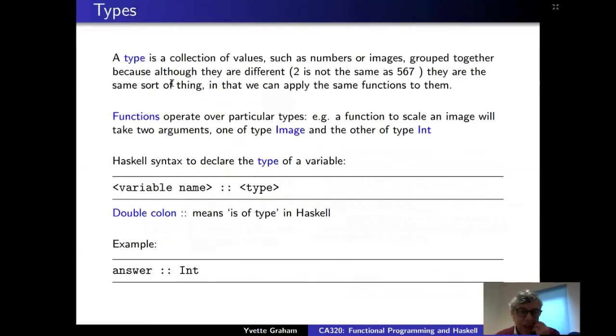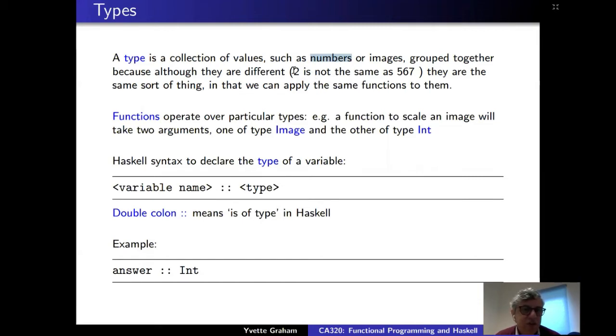Okay, what is the type? We say that Haskell is a really restrictive language in terms of types. What is a type in Haskell? A type is a collection of values, such as numbers or images, grouped together. You know what it means when we talk about numbers in terms of type, even in other languages.